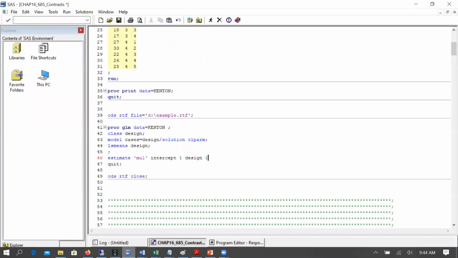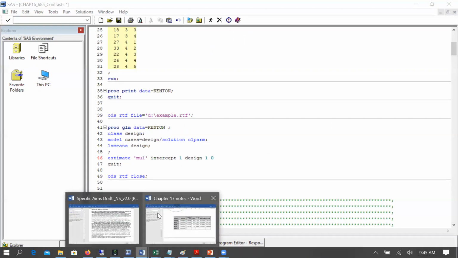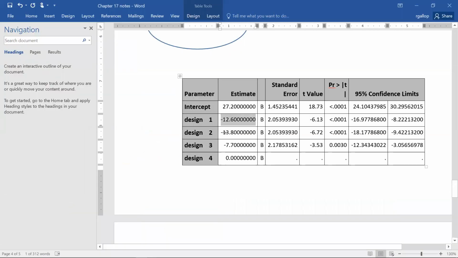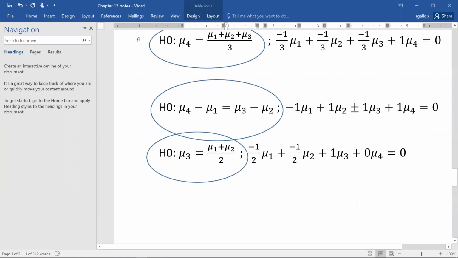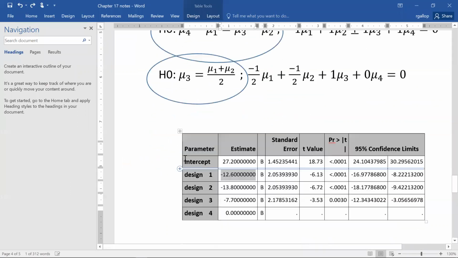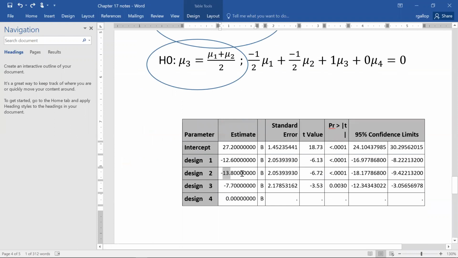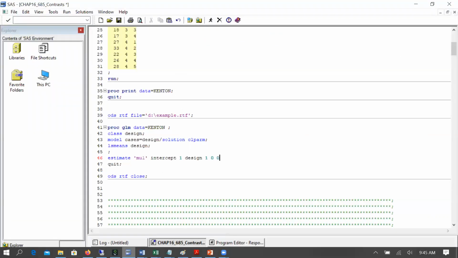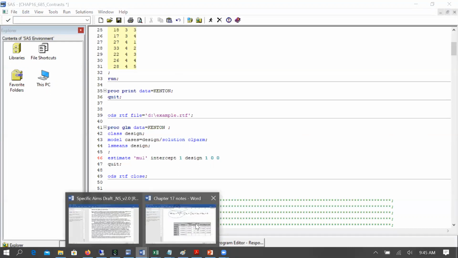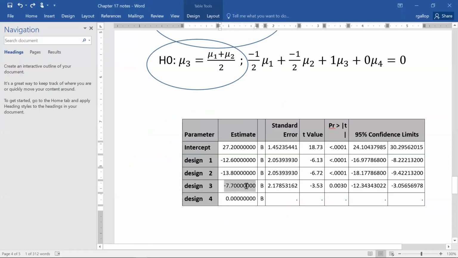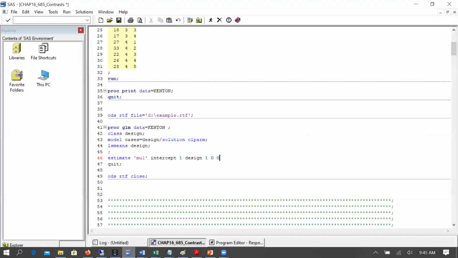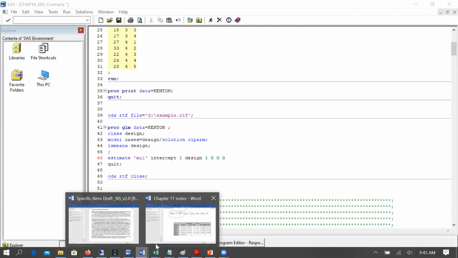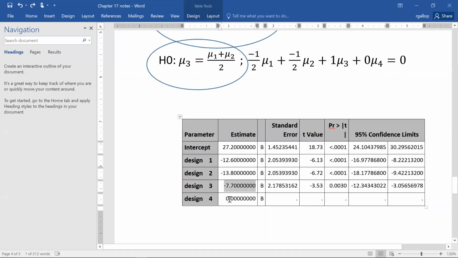When I go here, 0. So for SAS, that means plus 0 times the second coefficient. When I go back to SAS, 0 times the third coefficient. And then finally, when I go here, 0 times the fourth coefficient.